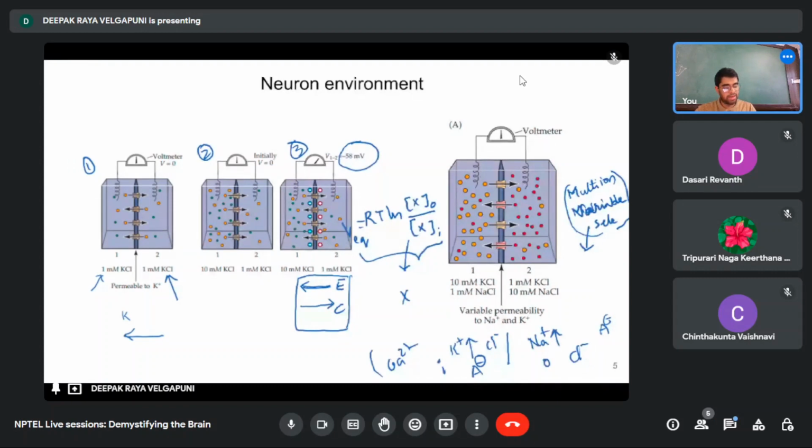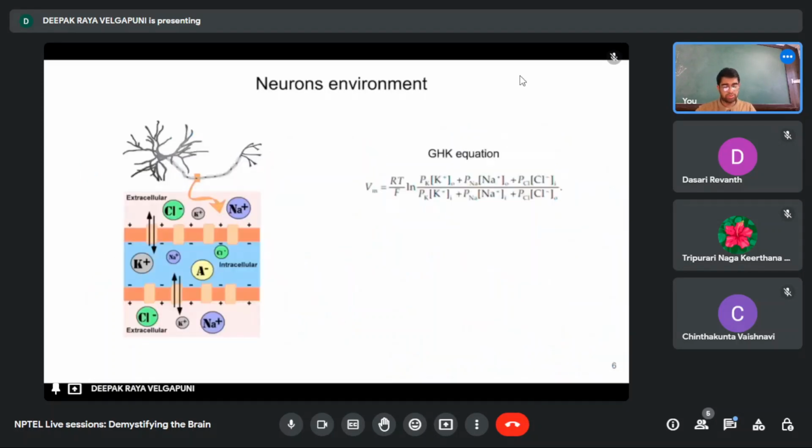So this multi-ion system is nothing but a neuron. As I told, there are multiple ions like chloride ion and sodium ion with different concentrations across the membrane.